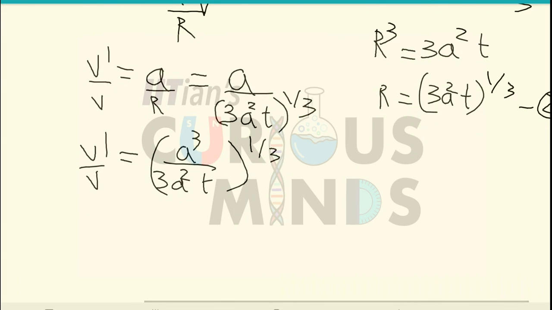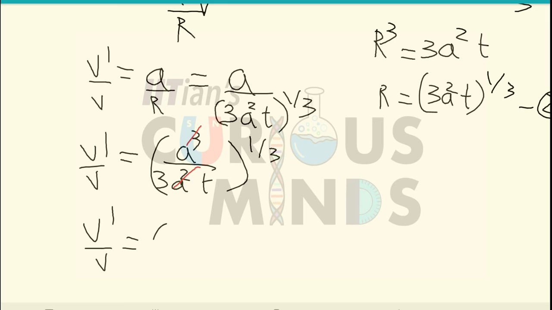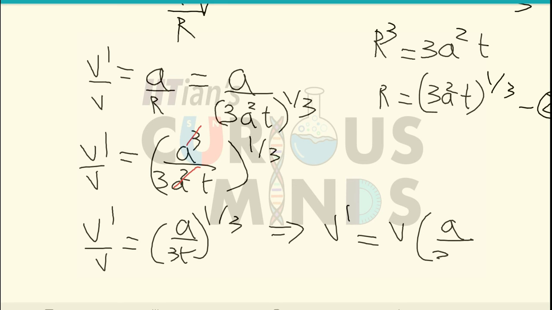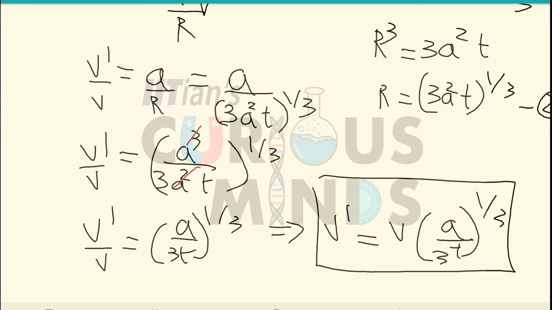So the square and the cube will get cancelled, and the value of V dash by V will come out to be a divided by 3t, the whole raised to 1 by 3. Or I can say that V dash, the potential on the drop, will be equal to V times a divided by 3t, the whole raised to 1 by 3. This will be the total potential developed on the drop.